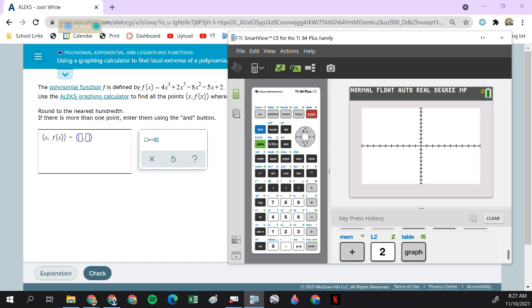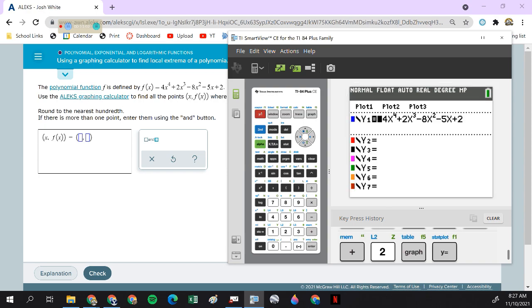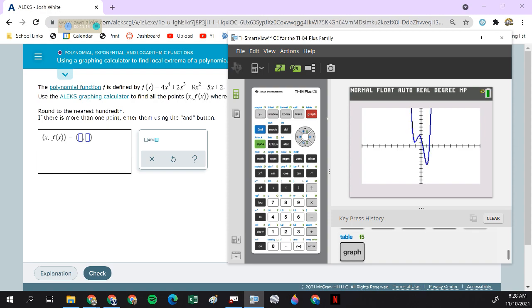Then I graph it. Really? That's it? Did I mess up? Oh, how about negative 4x to the 4th plus 2x to the 3rd minus 8x squared minus 5x plus 2. All right, that's a little more interesting.